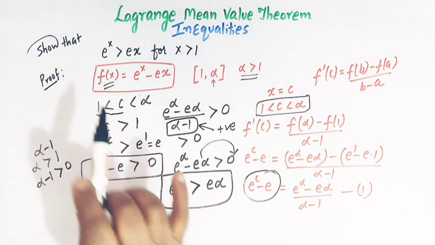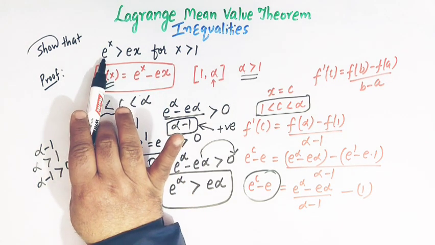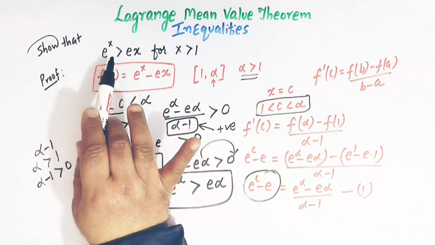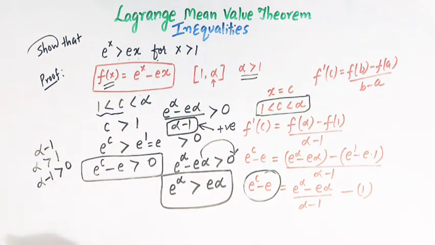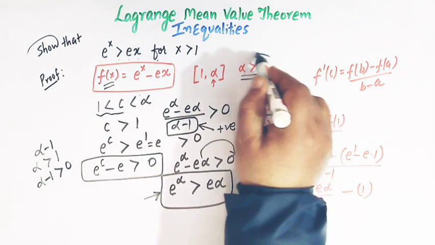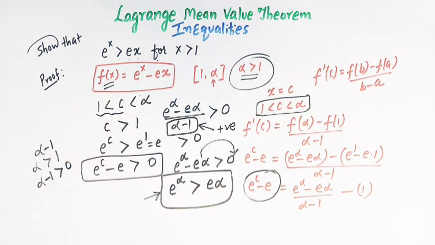Now see, in our original problem, we have to prove that e raised to x is greater than e times x for x greater than 1. And here we have obtained e raised to alpha is greater than e times alpha, and alpha is greater than 1, right?